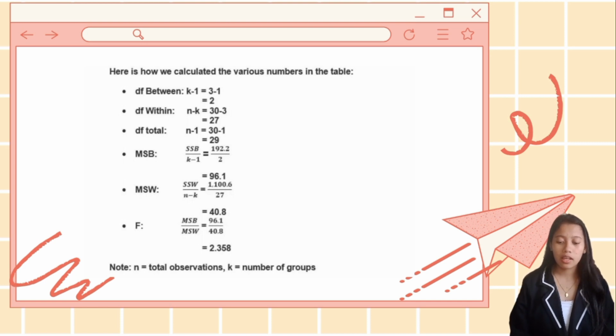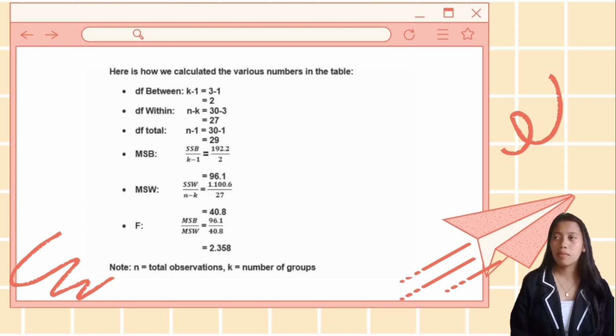To calculate the degrees of freedom between, K minus 1 is 3 minus 1, which is equal to 2. To calculate the degrees of freedom within, N minus K equals 30 minus 3 equals 27. And the total is N minus 1 equals 30 minus 1, which is 29. Therefore, the degrees of freedom between is 2, within is 27, and the total is 29.